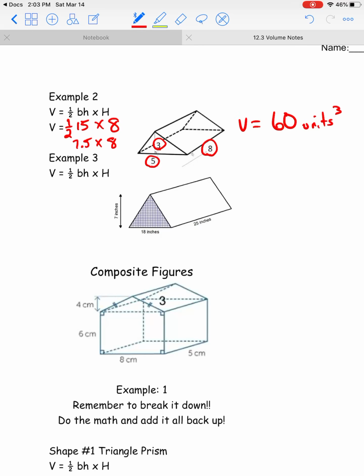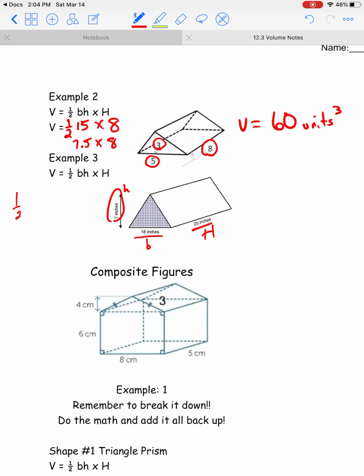So, one more time. Volume equals 1/2 base times height times the big height. So what's your height? What's the little h? It is the 7, right? What's your big H? The height of the prism, the length of the prism. Yeah, 25, right? 25, big H. And then here's your base.